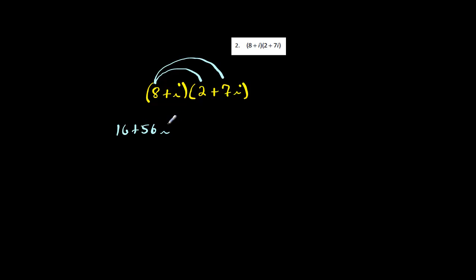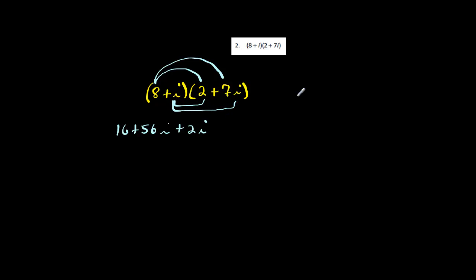Number two, you're multiplying the binomials. So 8 plus i times 2 plus 7i. So we're going to distribute. So 8 times 2 is 16. 8 times 7i is 56i. i times 2 is 2i.